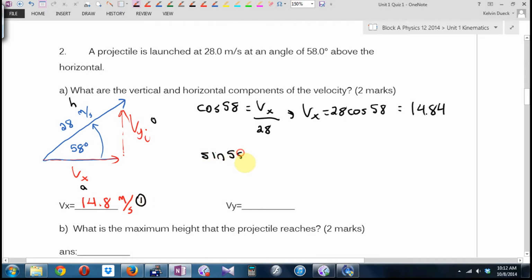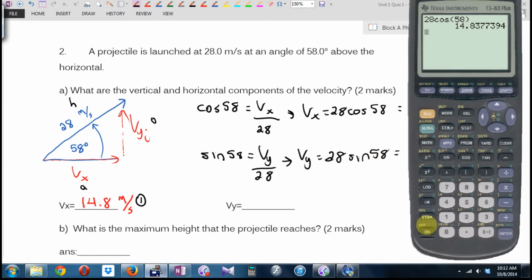Sine 58 equals Vy over 28. Vy ends up being 28 sine 58. 23.7.